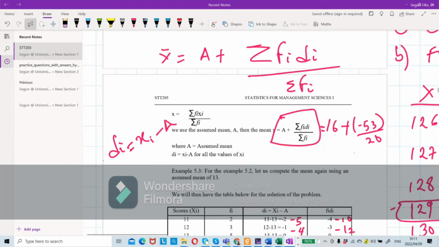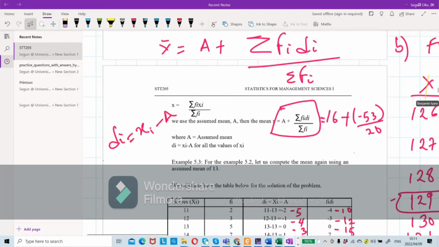So minus 53 divided by 20. What do you have? Minus 2.65. So we have 16 plus minus 2.65, so 16 minus 2.65 gives 13.35.